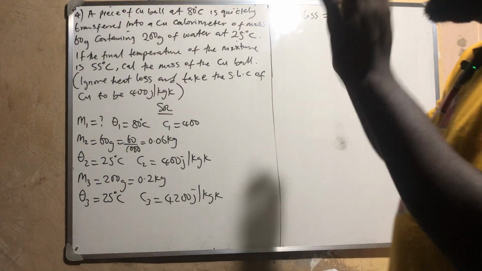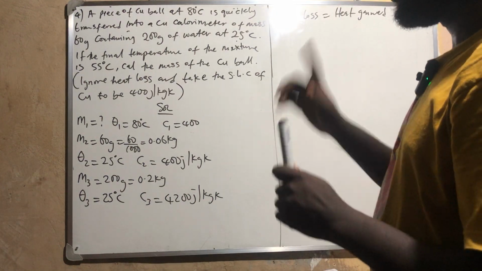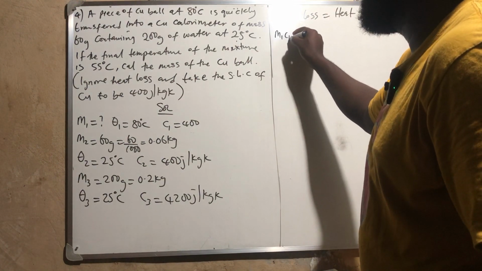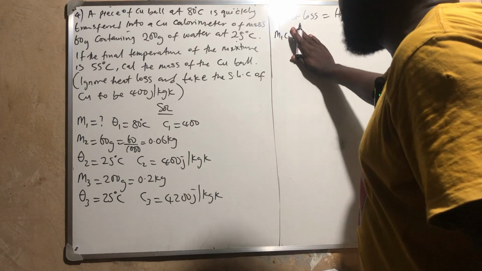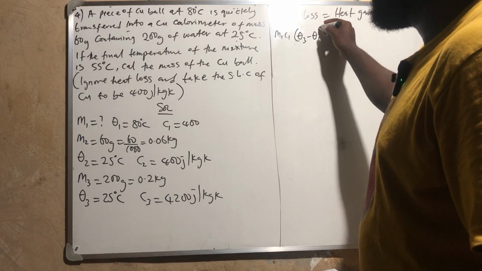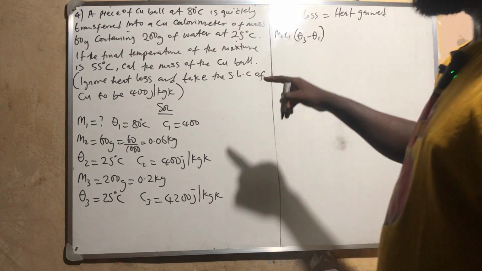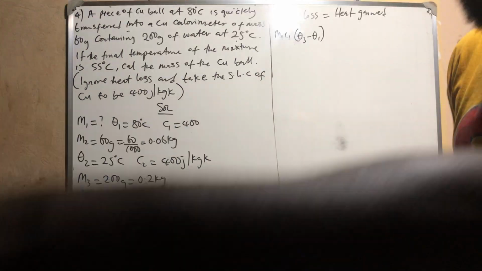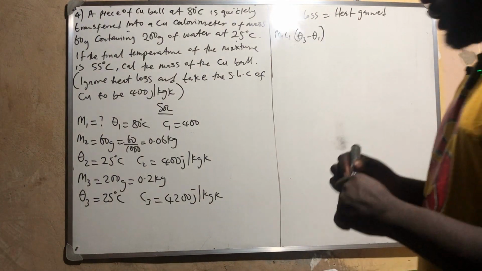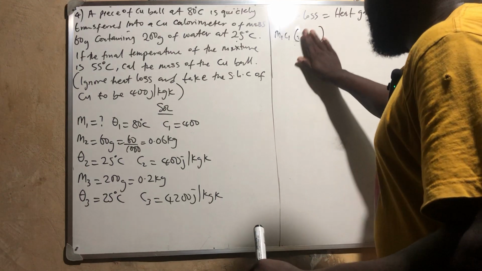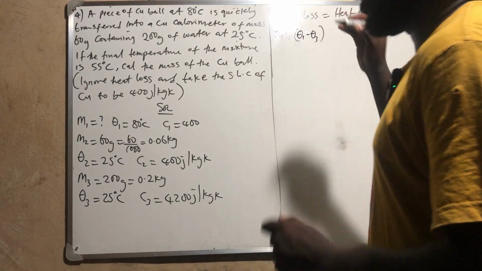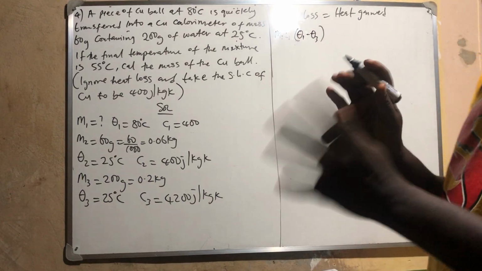So for this side I have M1C1 change in temperature, where the change in temperature, since it is loss, is the initial minus the final, so theta 1 minus theta 3. But for gain, it should be normal.